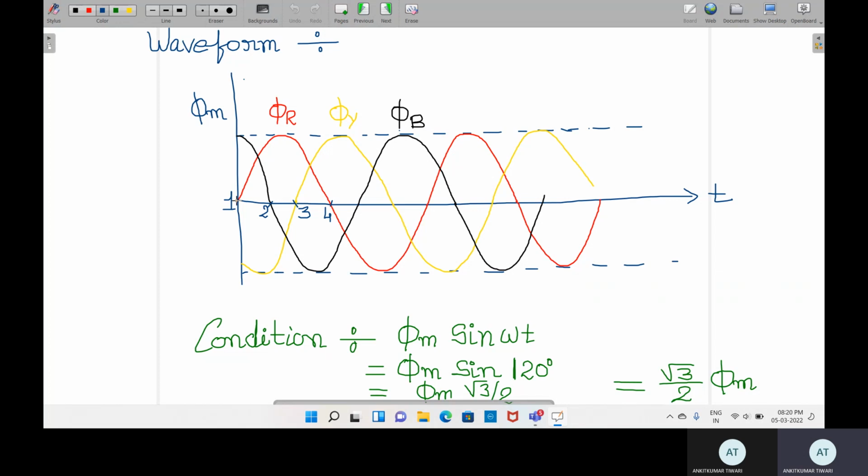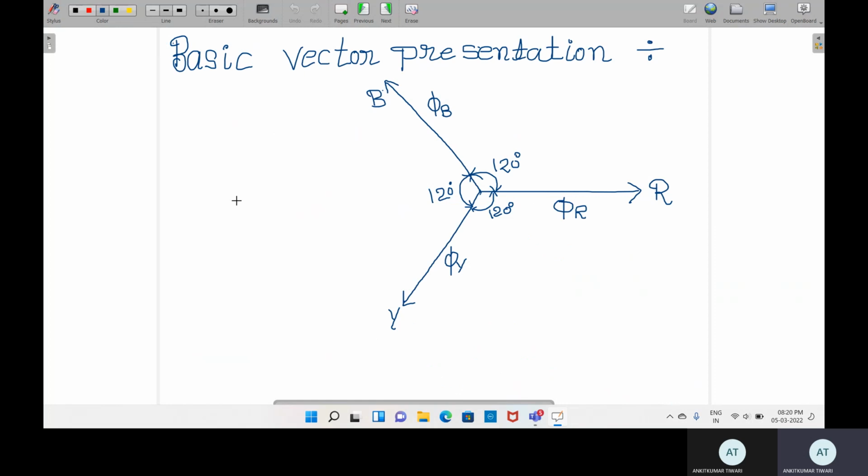So we observe our standard vector diagram. This is phi r, which is on the horizontal axis or 0 axis. From that, the y axis is at 120 degrees, and from the r axis, the b axis or phi b is at 240 degrees.